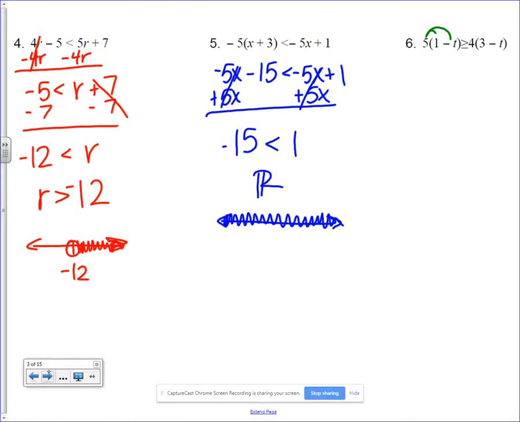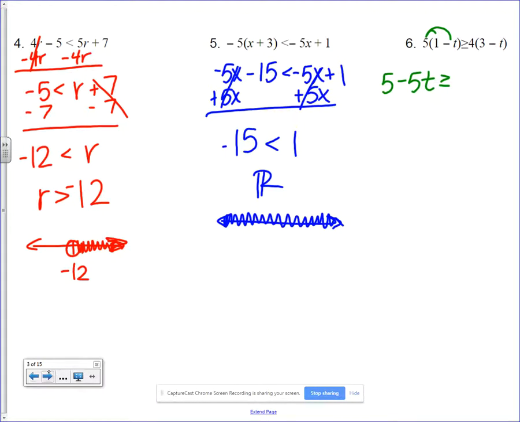What you get? Nope. 5. Okay, so here this is 5, right? 5 times 1 is 5. Now 5 times negative t is negative 5t. Is that okay? And then I have greater than or equal to.